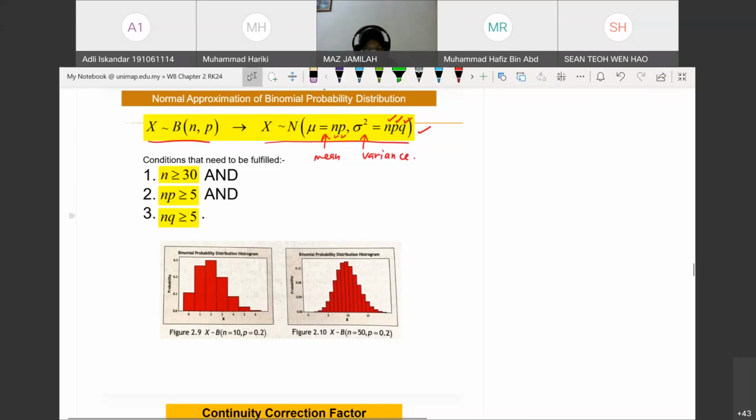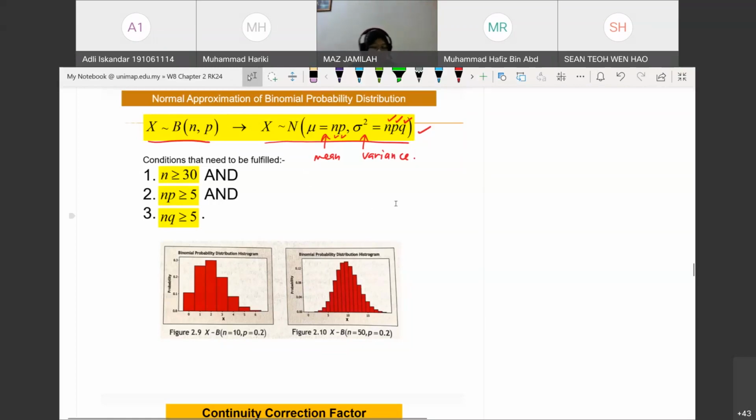Now, what are the conditions for using normal to approximate the binomial? Last time for Poisson and binomial, n is greater than 30, and the other option is either np is less than 5 or nq is less than 5.